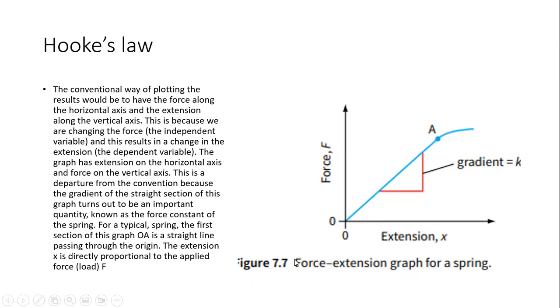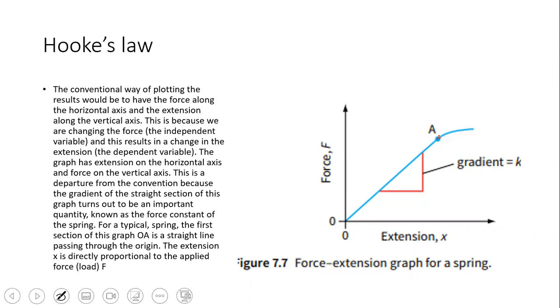As we can see from our graph, up to a certain point, force and extension are going to be directly proportional to each other. Now, this is known as the proportionality limit. When we talk about the graph, there are 2 points. One point is known as the point of proportionality.